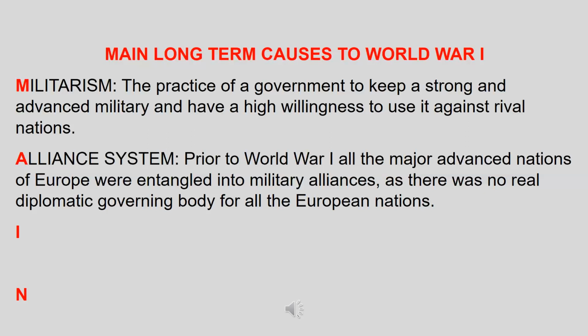By the outbreak of the First World War, the two most significant alliances were the Triple Entente, which was made up by England, France, and Russia, and the Triple Alliance, which was made up by Germany, Austria-Hungary, and Italy. Those alliances did not remain stagnant throughout the duration of the war.